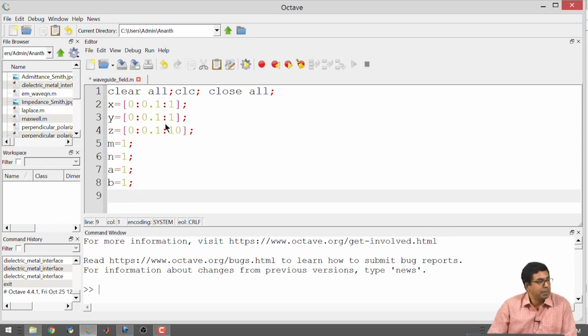This is also present in my formula, I had n pi divided by a, alright. I am just going to take the formula and plug it in over here, and I am going to make all the other quantities equal to 1, that is all. And so, I had sin of m pi by a multiplied by x, sin of n pi by b multiplied by y, and then I had a travelling part, it was e to the minus j beta z.